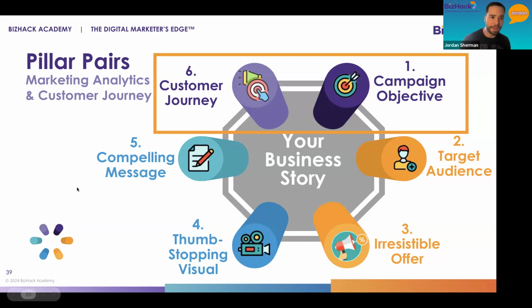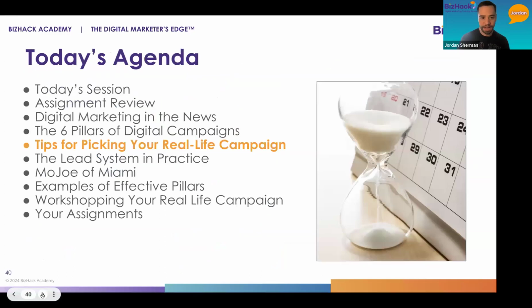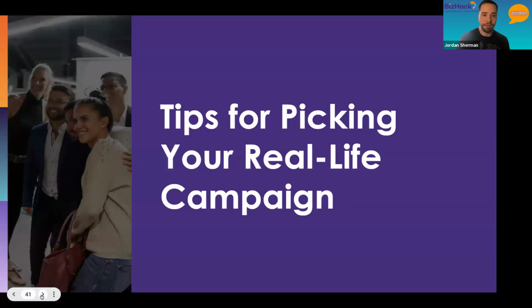And that ties in your campaign objective, because your campaign objective is going to be centric toward getting them to convert, your KPI, right? And the journey is going to be centric in order to get them to do that. So all of these pillars are related to one another, and all six working together will drive, at the very least, your campaign objectives, hopefully getting you sales in the future.